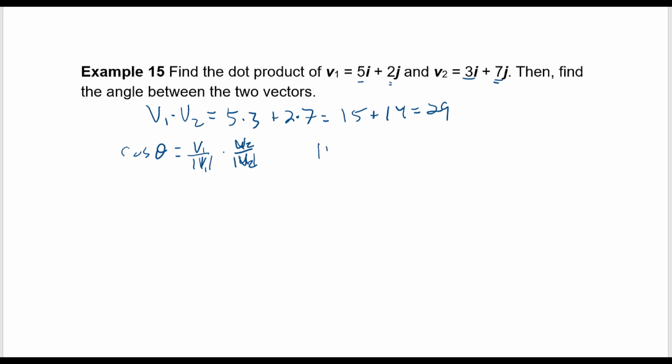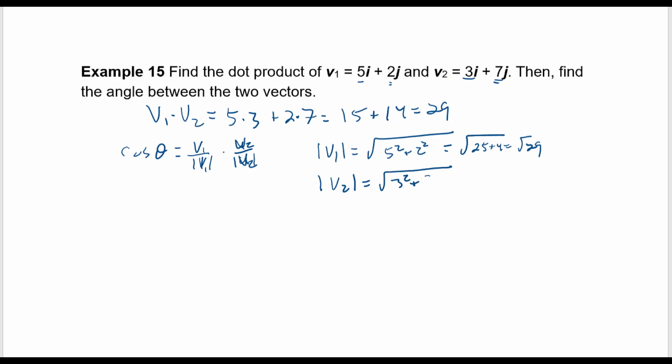So let's look at the magnitude of v1. That's going to be the square root of 5 squared plus 2 squared, so the square root of 25 plus 4, which is the square root of 29. And the magnitude of v2 is going to be the square root of 3 squared plus 7 squared, so the square root of 9 plus 49, or the square root of 58.